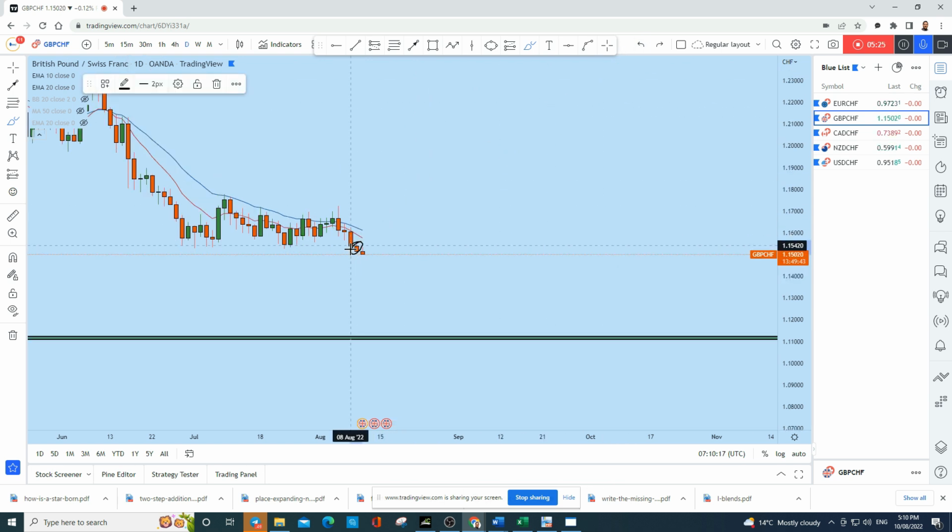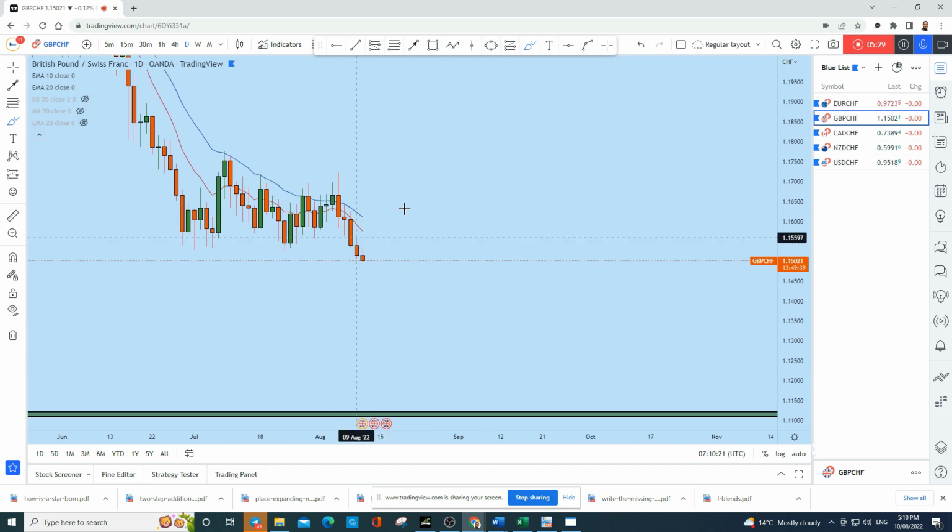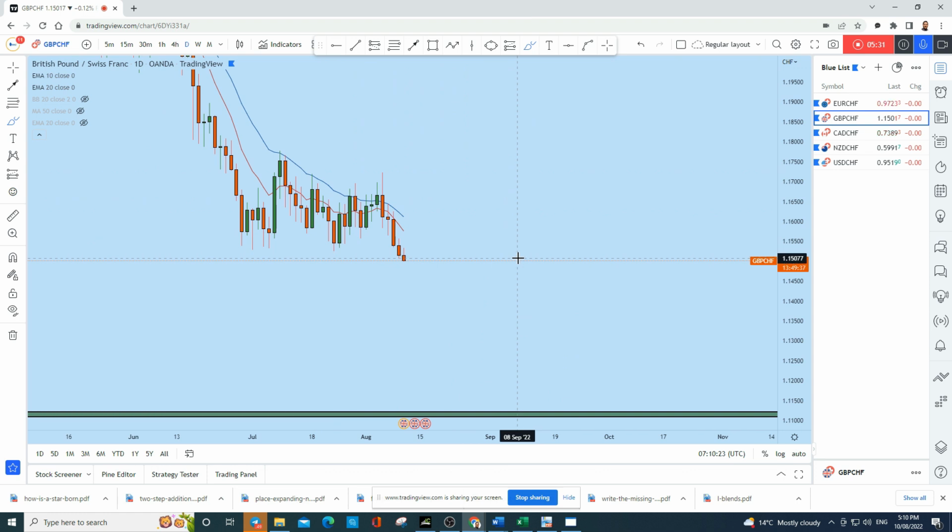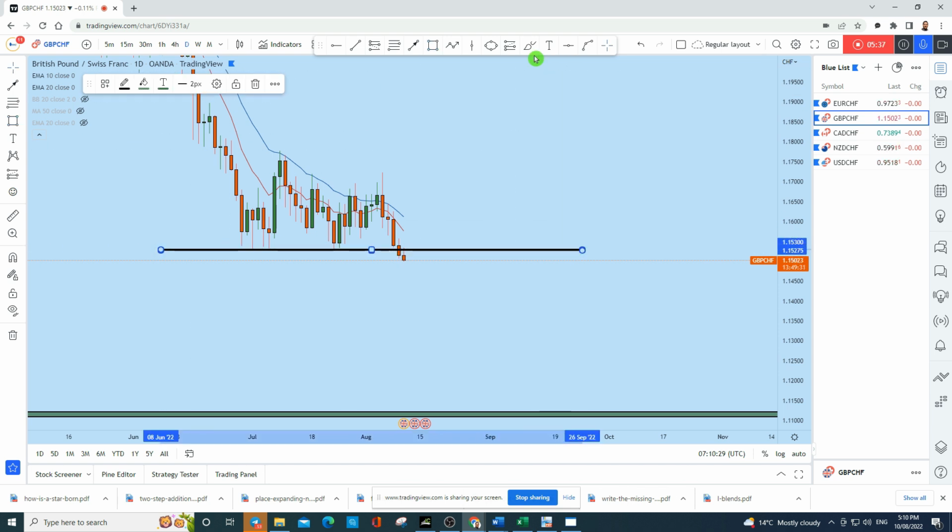Previous day there is a narrow candle, that means the bulls even couldn't make any effort to take the price to the upside. So we see that this support is completely broken on the daily time frame. If you draw this level of support here, you can see this is the support here, support here, support here. Now with this daily candle we see it tested as a resistance, and we see that it's now rejecting.